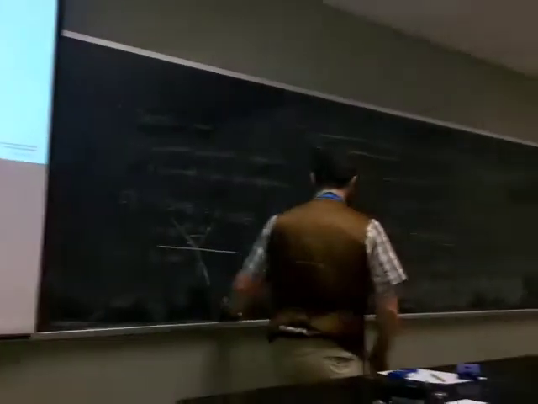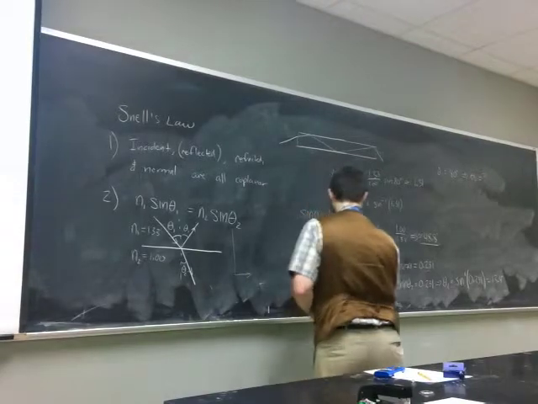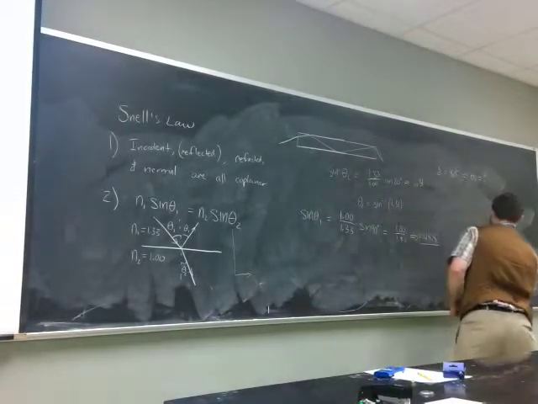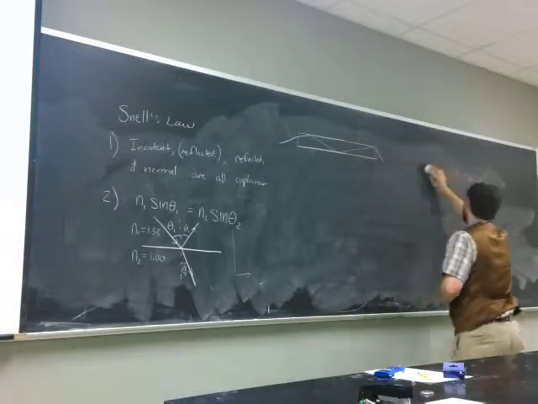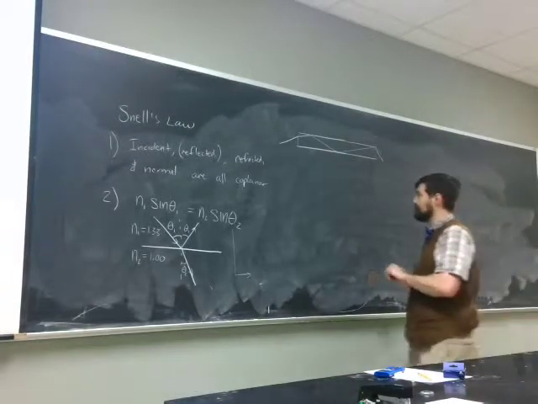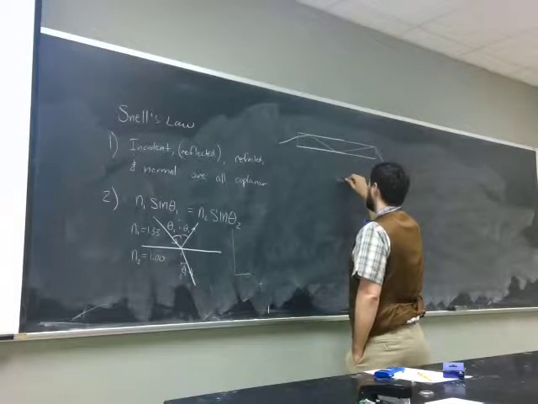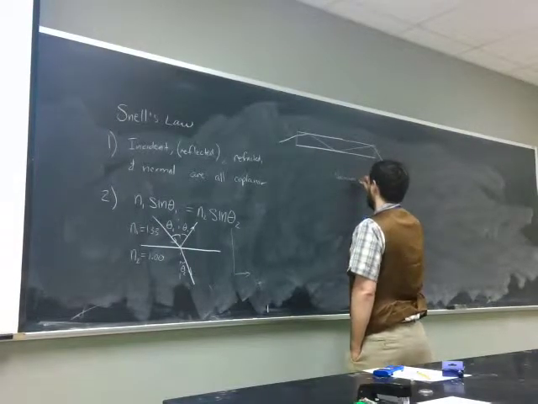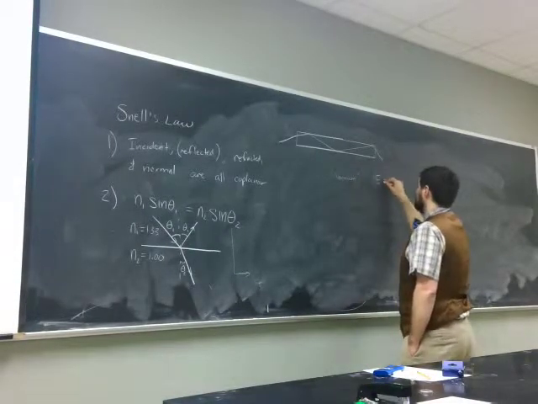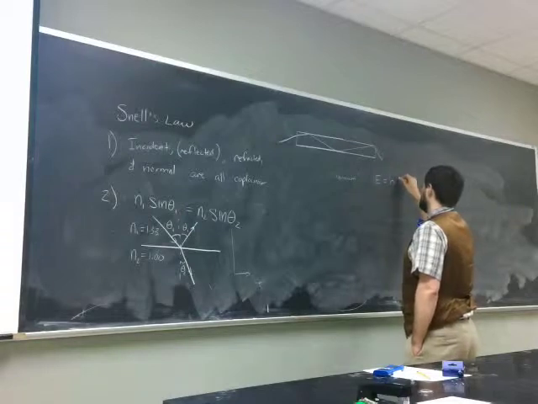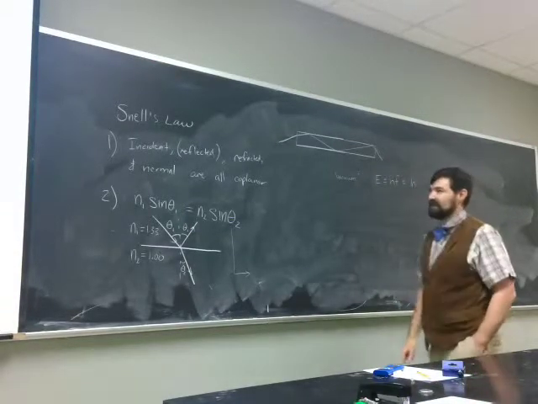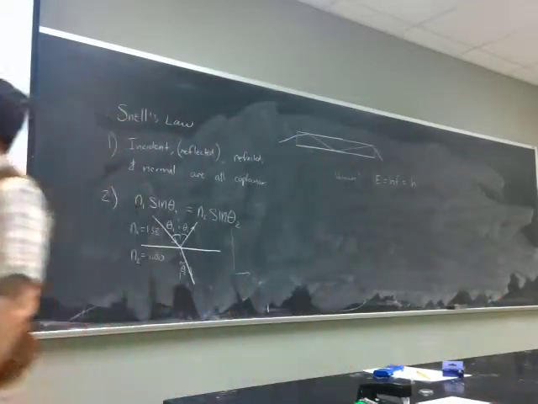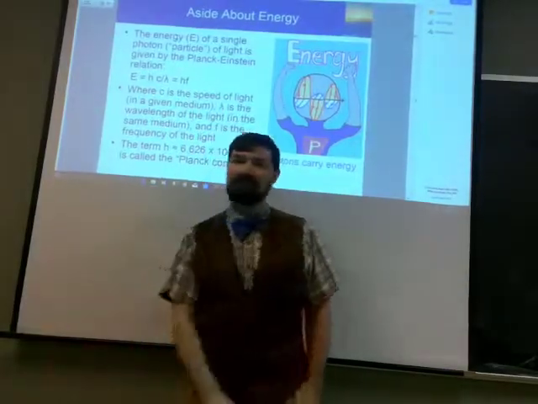So in vacuum, what does that look like? E should look like h times f, which looks like h times, if we look over here, the c over lambda term.